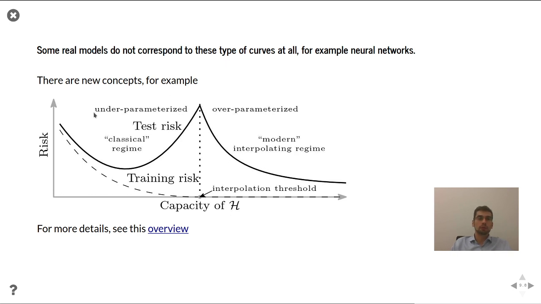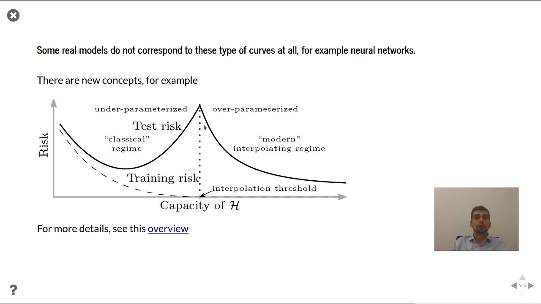One is the classical one, for classical models like linear regression or k nearest neighbors, etc. And there the test risk, or test error, or the total error in terms of the bias-variance trade-off looks exactly like what we plotted in our experiments. So it's kind of like a parabola. And training risk just goes to zero.